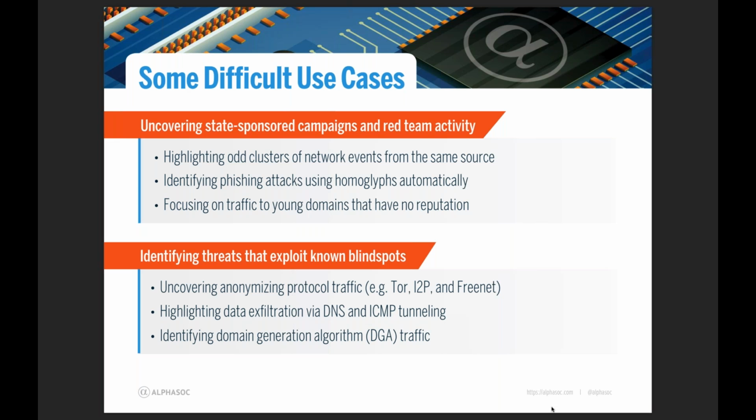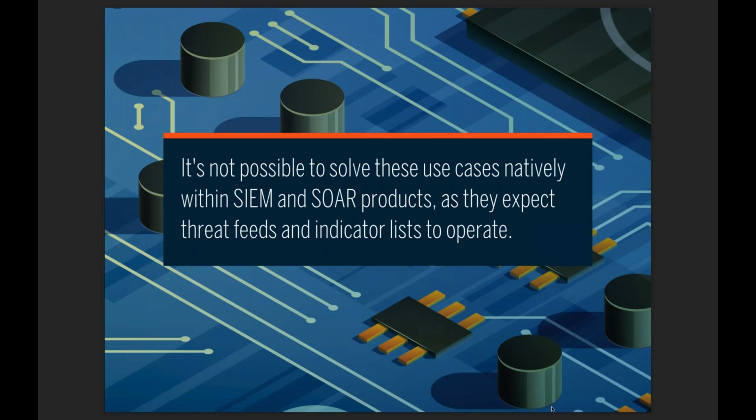And then DGA traffic, which was another one of the threat types that we emulated through FlightSim. So these six are really tricky to solve from a blue team visibility perspective, and this is really what we've been focusing on at AlphaSOC with the work that we've been doing.